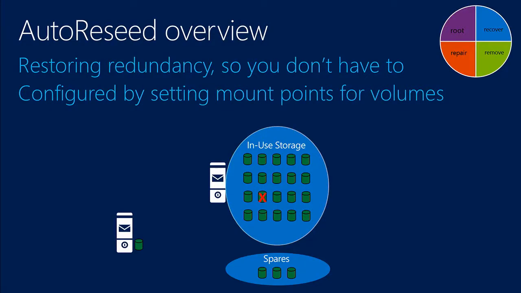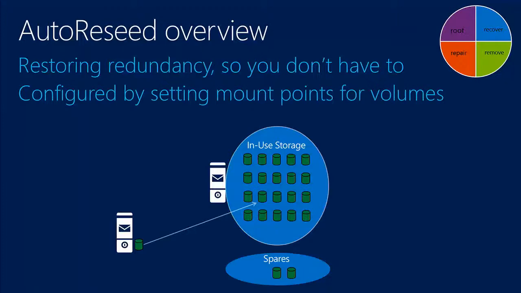When that happens, that triggers the auto reseed workflow. The auto reseed workflow will grab one of those spare drives, mount it into the path where it needs to be, and then automatically invoke a reseeding operation so that the database or databases that were on that failed drive get automatically reseeded by the system. It's a very, very slick piece of technology.